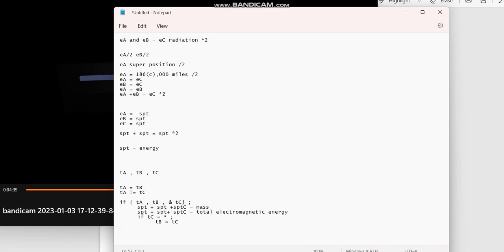So under these parameters, basically what's going on is the space-time is unraveling, SPT, and then C, the C that specifies TC space-time.